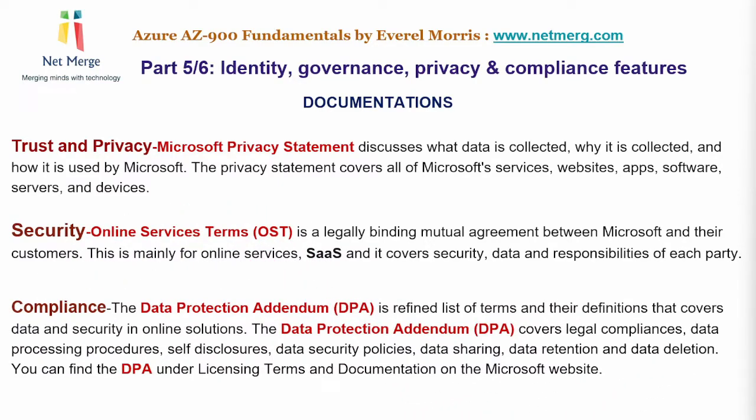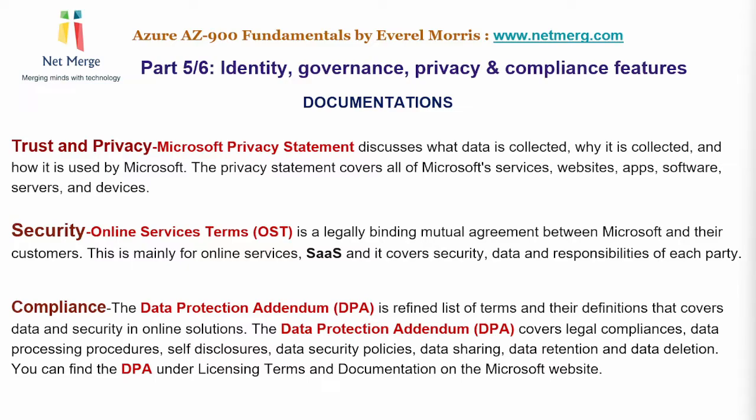Now let's take a look at compliance. The Data Protection Addendum (DPA) is a refined list of terms and their definitions. So if you're looking for terminologies and what they mean explained in technical terms, you want to draw from your Data Protection Addendum. So it covers data and security in online solutions.